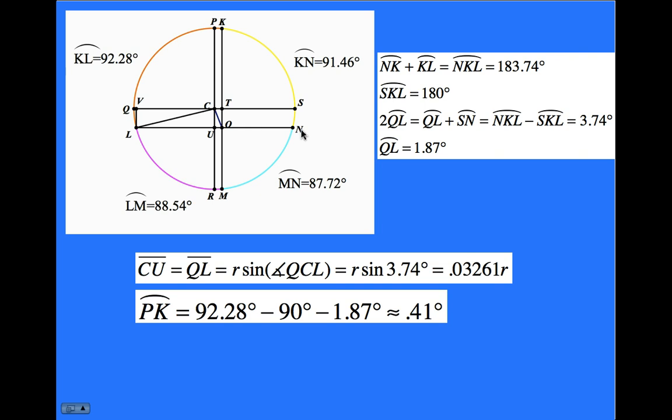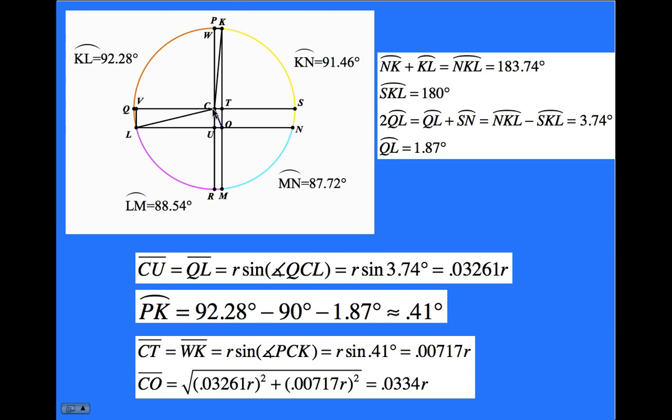That means that CT is the same as PK, but PK is related to angle WCK, and it's a right triangle, so we could use sine again to get the length. Then using the Pythagorean theorem on this little triangle here, we could calculate the length of CO, which is 0.0334. This is not drawn to scale, but the result is that the sun is about 3% off of the center.